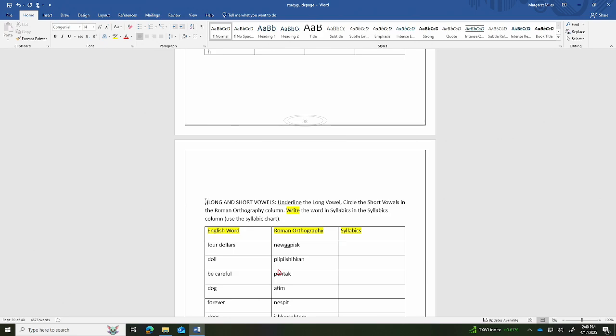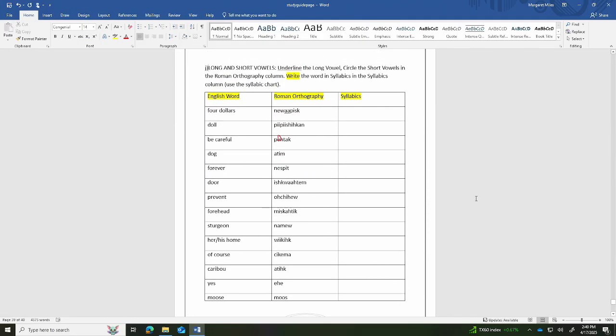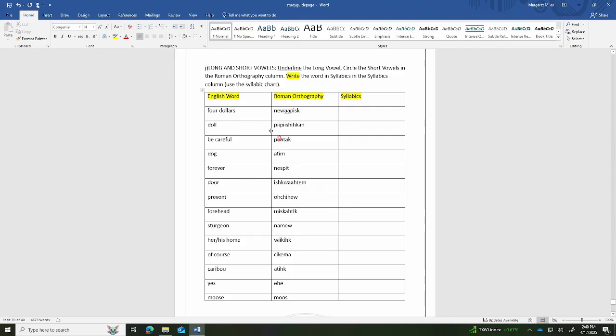J is long and short vowels, and in this assignment, underline the long vowel, circle the short vowels in the Roman orthography column.